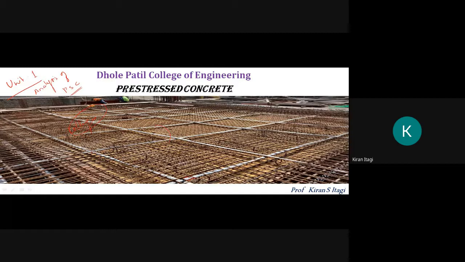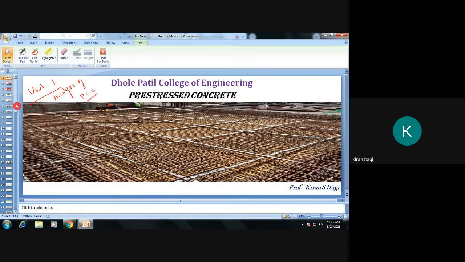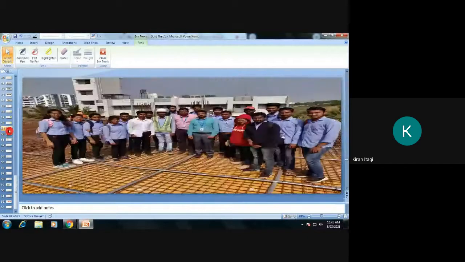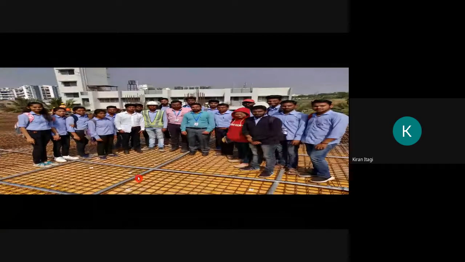After pouring the concrete, the tendons will be passed through these ducts. I have some photos. Yeah, here it is clear. You can see the ducts. From here only the cables or tendons will be passed.